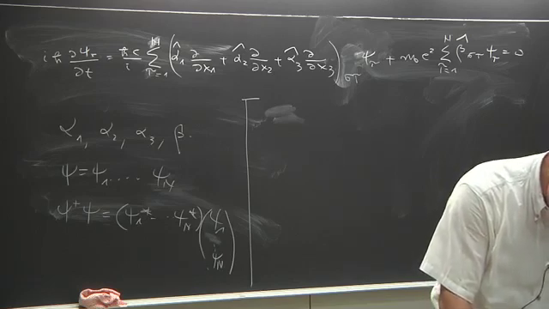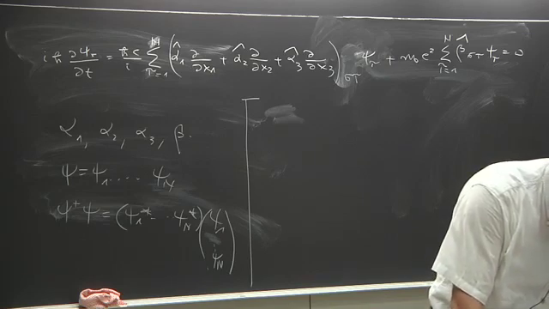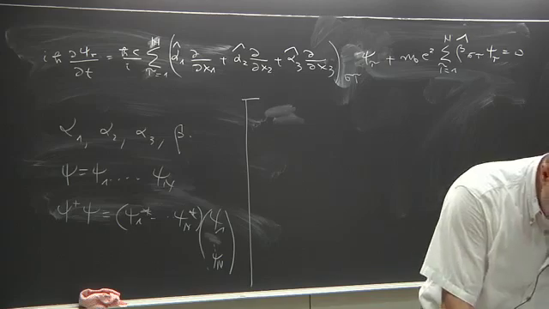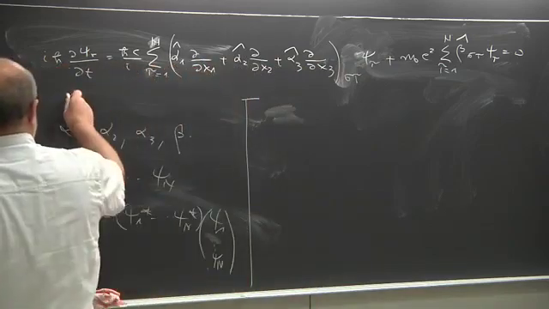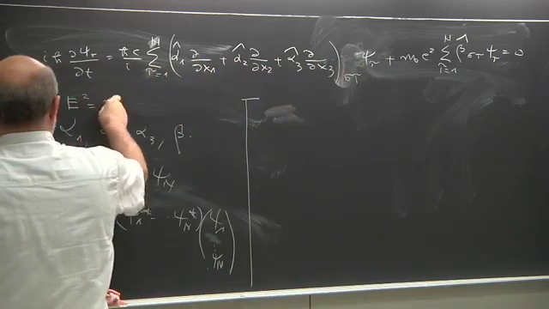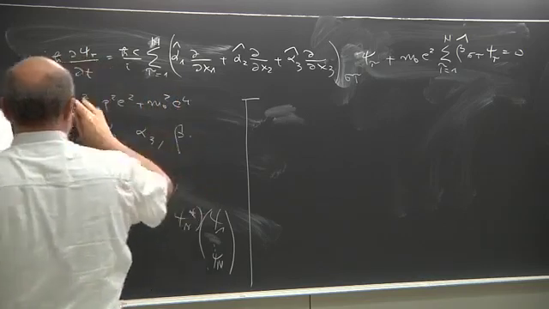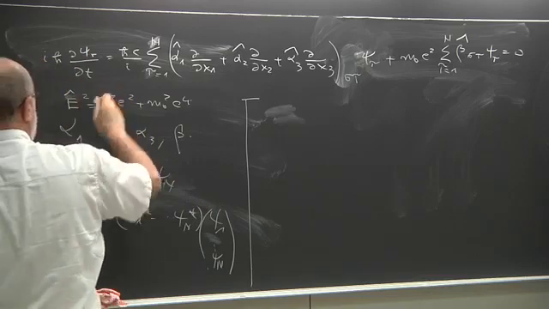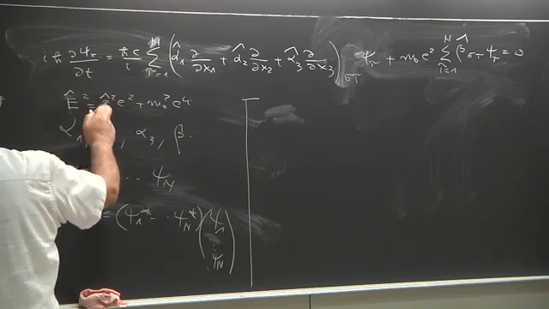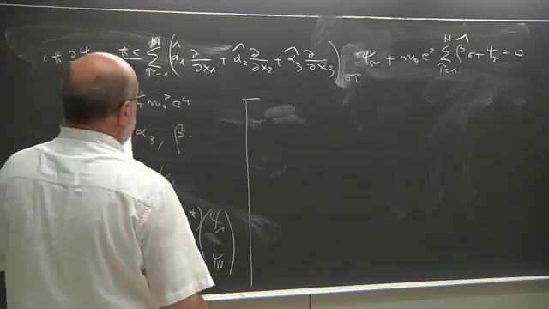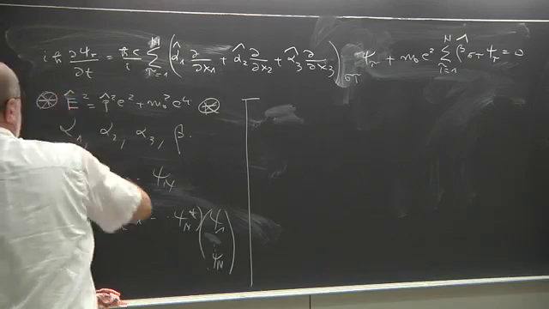So that was another condition that Dirac wanted. We want the energy to be equal to p squared c squared plus m0 squared c to the fourth, the usual energy relation, at least at the operatorial level, where this is iħ d/dt and this is iħ d/dx.